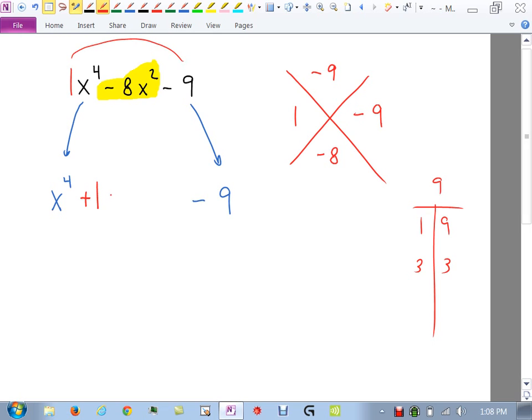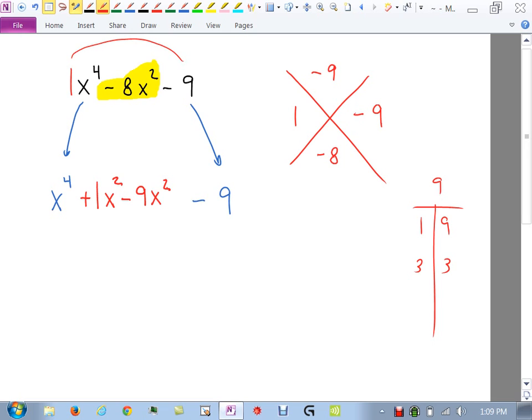What are we trying to create? X what? Squared. So I should put a 1x squared and then a -9 what? X squared again.